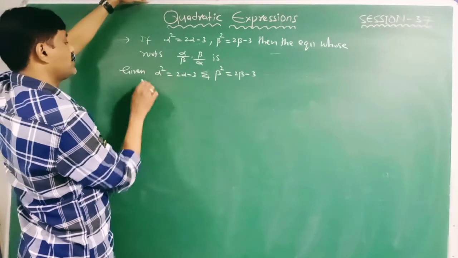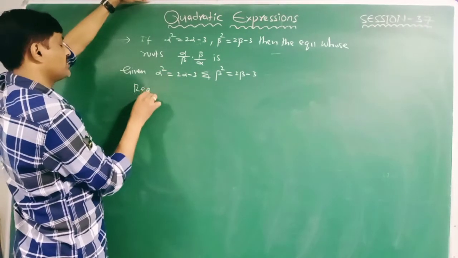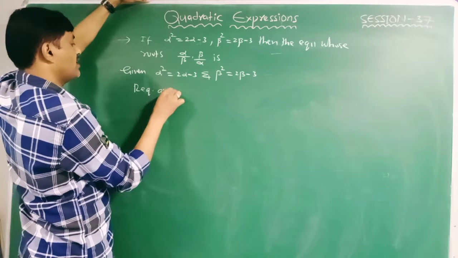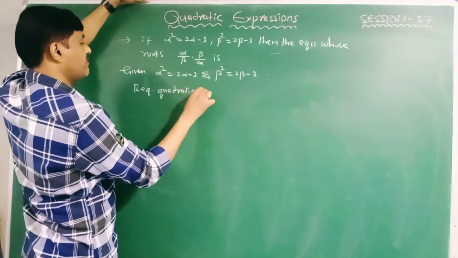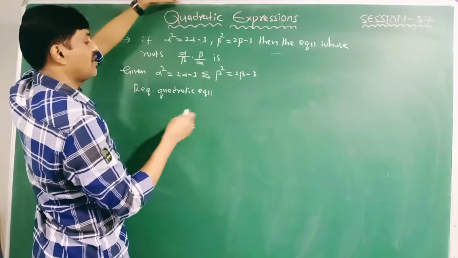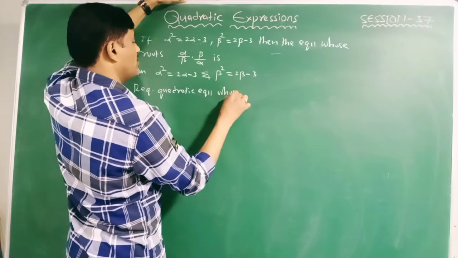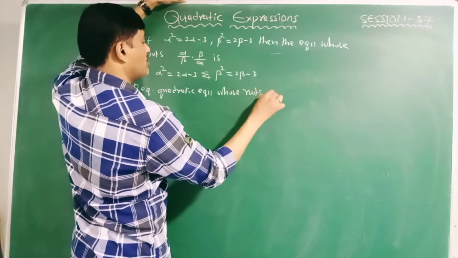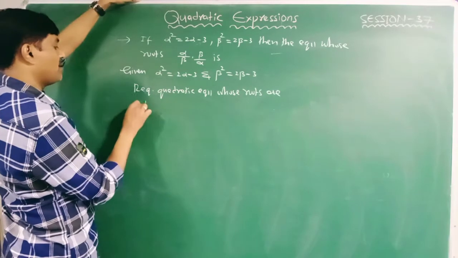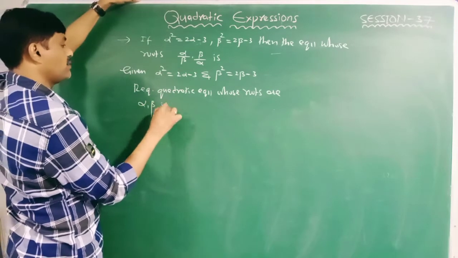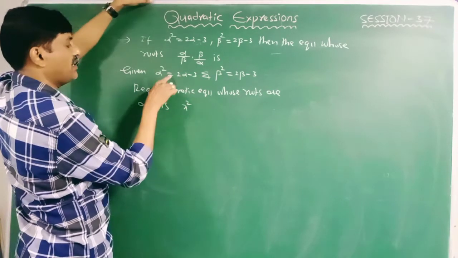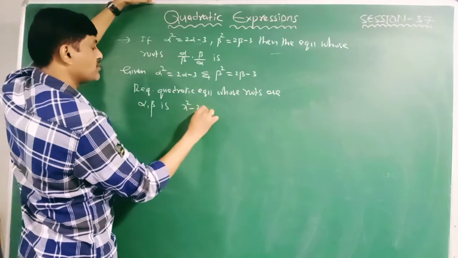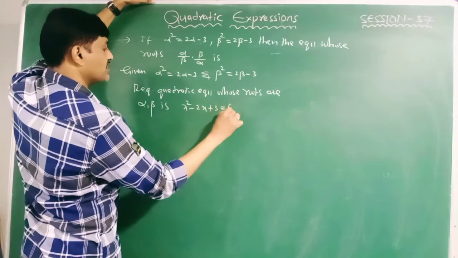Therefore, the required quadratic equation whose roots are alpha comma beta is x square minus 2x plus 3 is equal to 0.